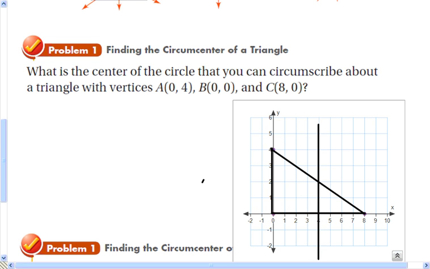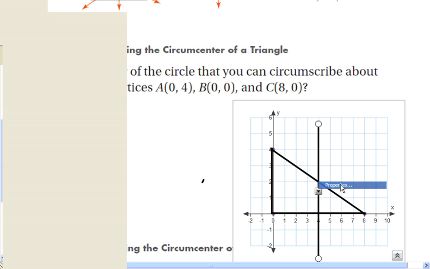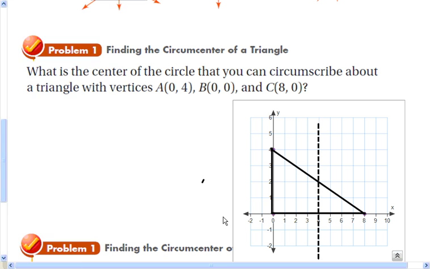There's one. I'll change that to a dotted line. All right. And so there's my dotted line that represents the perpendicular bisector. Notice that this distance here is the same as this distance here.